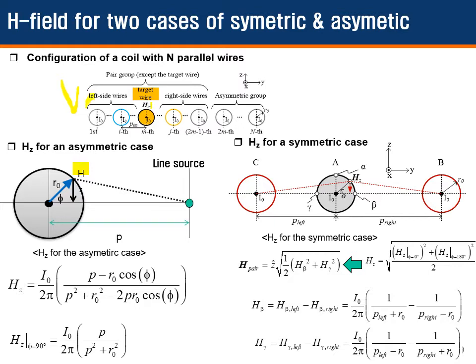One is the symmetric case, a pair, and the other is the asymmetric group. First, here is the asymmetric case. In the asymmetric case, phi varies from 0 to 180 degrees. So we would like to choose the medium Hg at phi.